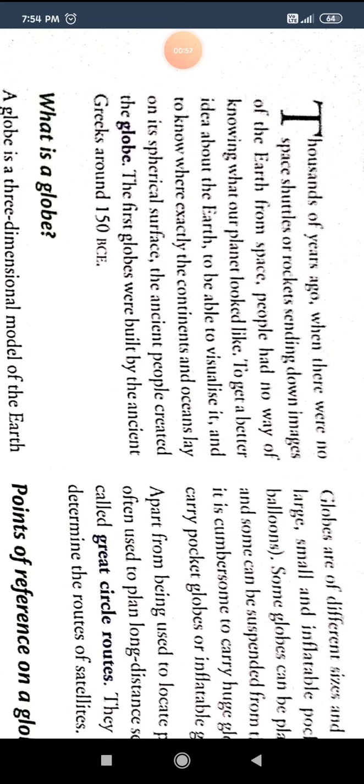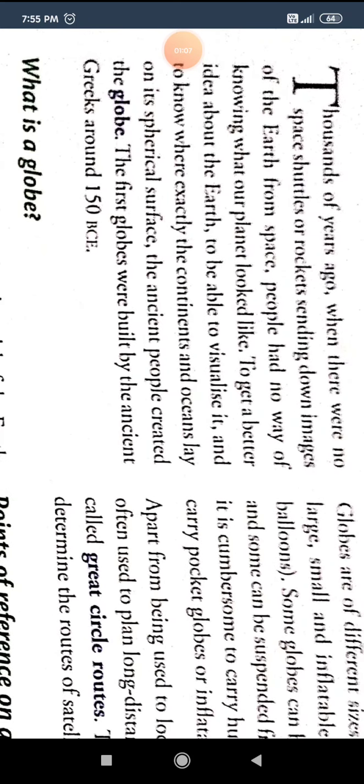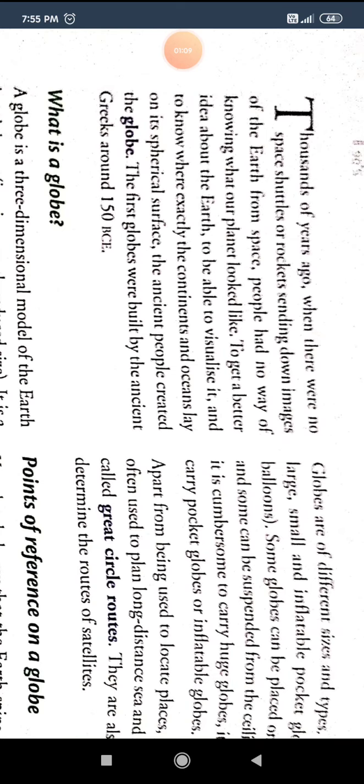So people were unable to get a better idea about the earth or to visualize it.